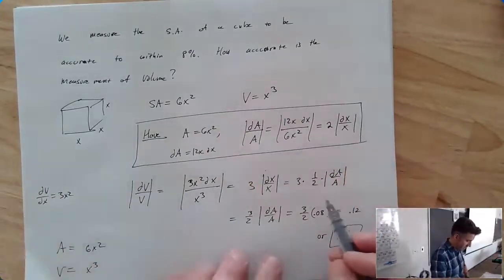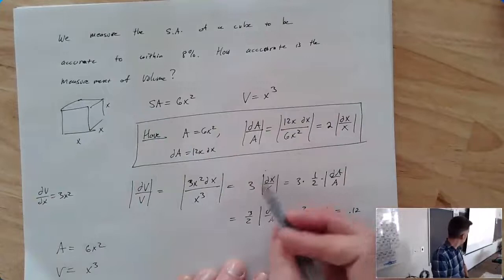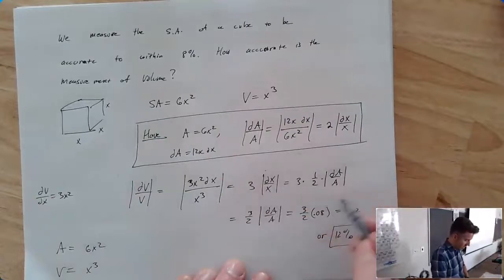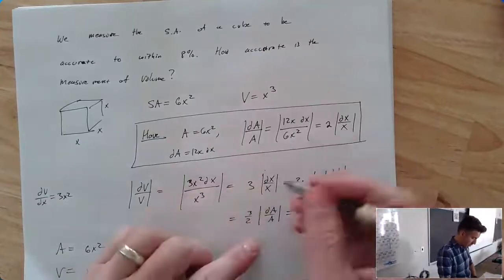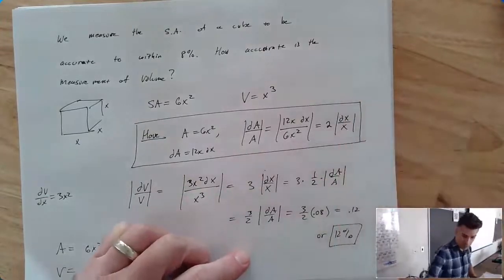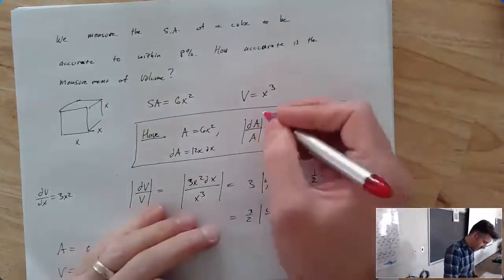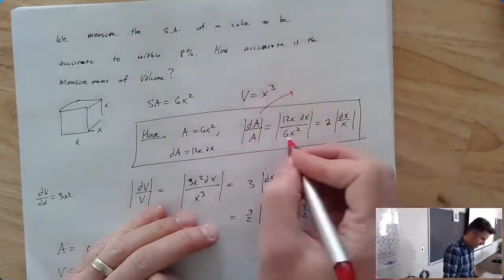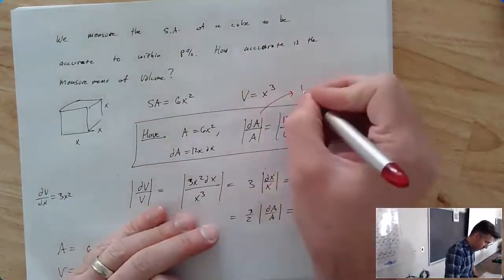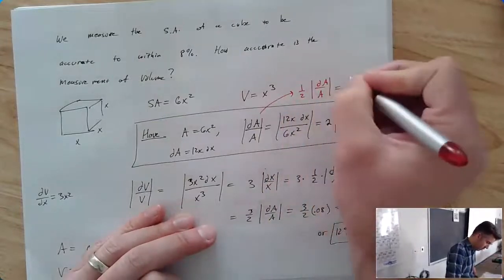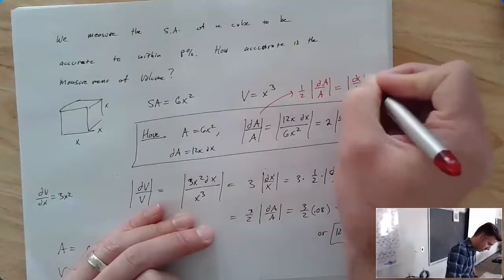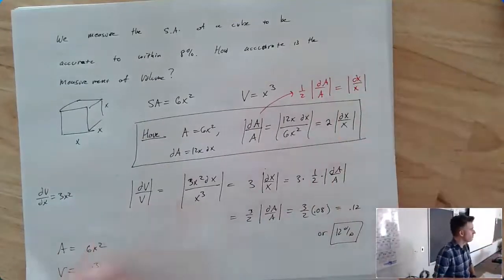So then I replaced the dx over x with a 1/2 dA over A, because I'm replacing what dx over x is equal to. I took this equation here and multiplied both sides by 1/2, so that 1/2 times the relative error in area is equal to the relative error in x. Okay, that's what I'm doing there.